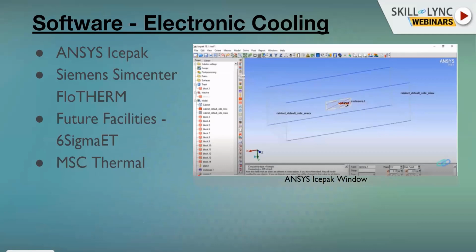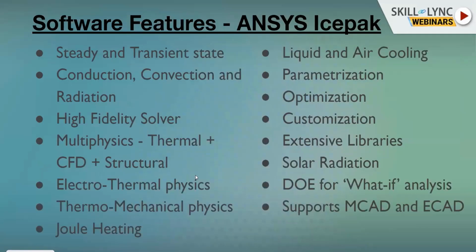One is the IcePack module from ANSYS, and another is Flotherm, that is also an electronic cooling tool from Siemens, and a new tool called 6SigmaET from Future Facilities, and there is a separate electronics cooling module from MSC. These are the softwares available in the market.